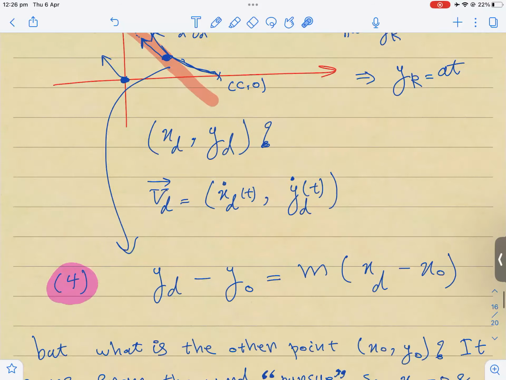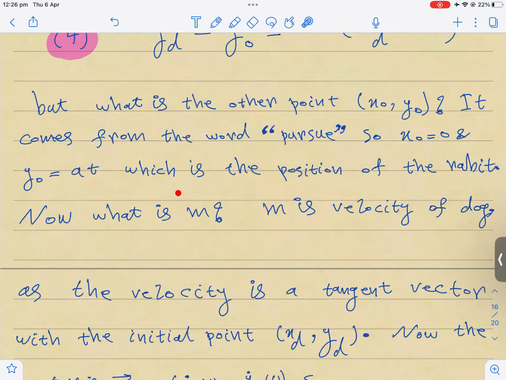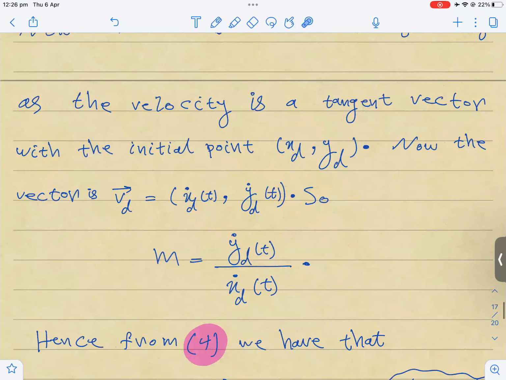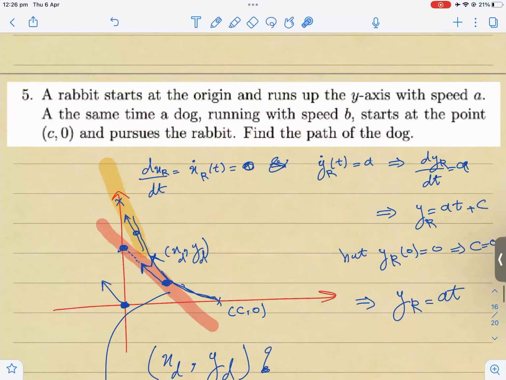So now what is M? I have Y0 and X0; I need to determine M. M is the gradient, since the velocity is a tangent vector, as I explained, the tangent vector at XD and YD here.